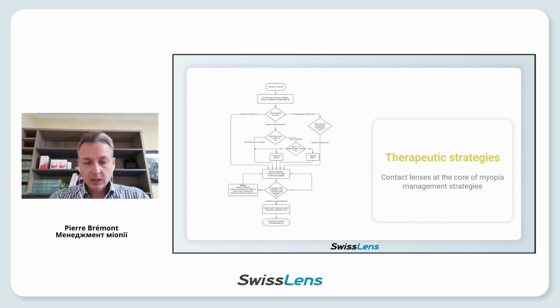And if the myopia still progresses, you can change the parameters afterward to slow the myopia progression with better efficacy. So every time you have a new patient, you need to go through all these steps and questions and see which option is the best.